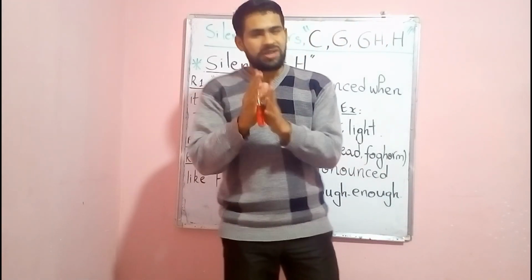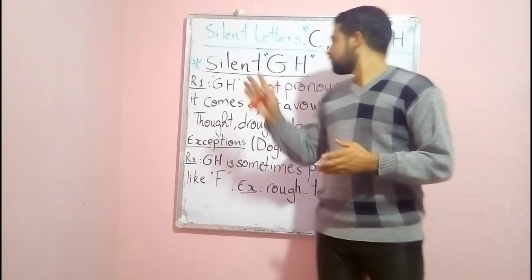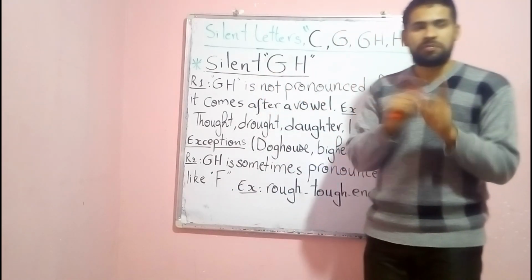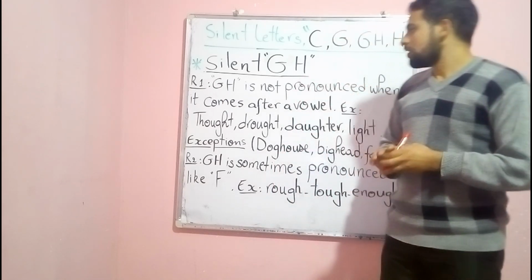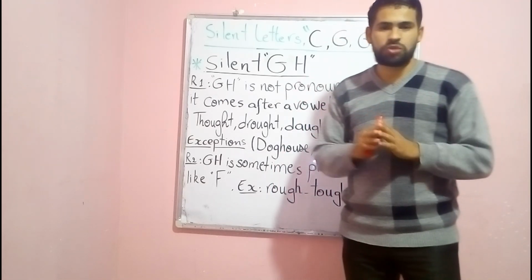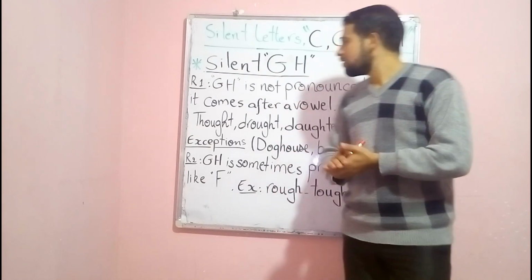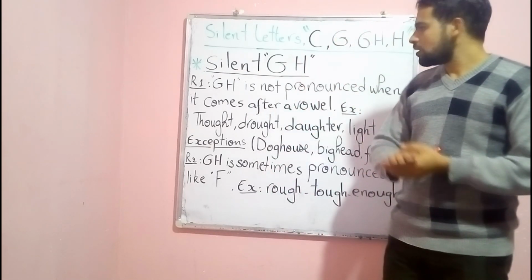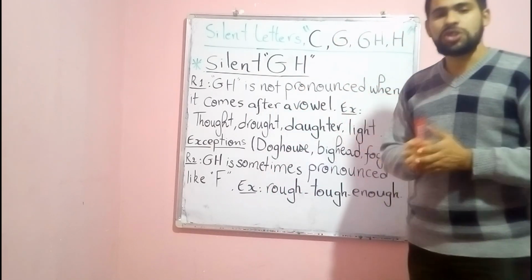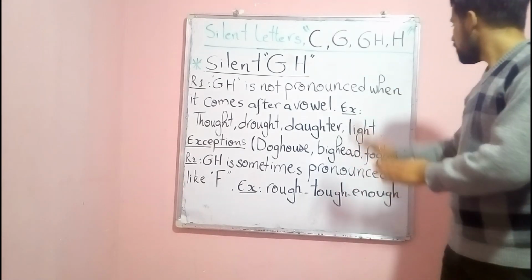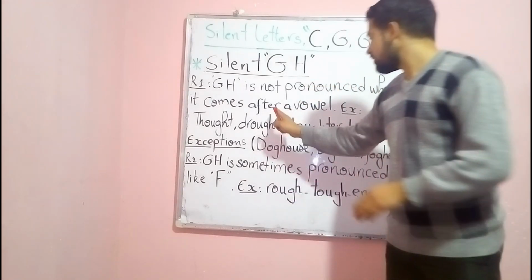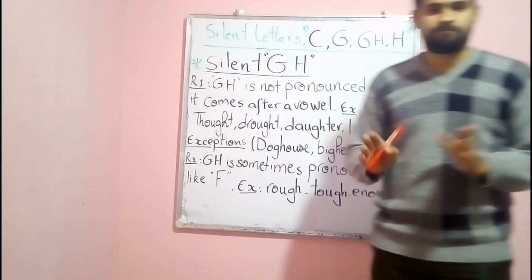So, let's look at the silent combination of G and H. G and H, okay? So, not to make it too long and too boring, rule number one: GH, or the combination GH, is not pronounced when it comes after a vowel.